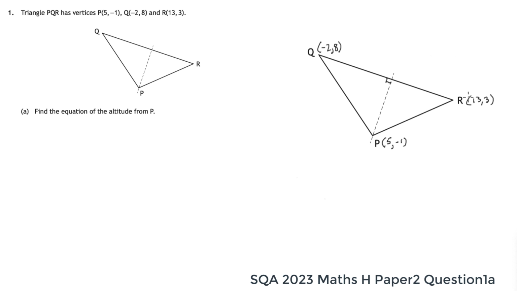Let's take the x coordinates first. There's -2 and 5, and I'm looking for 0. So -2 to 5, 0 must be around about there. So if I draw a perpendicular line down to about there, that's the y-axis. Let's do the same for the x-axis, and that's at a height of y equals 0. So let's look at the various y coordinates.